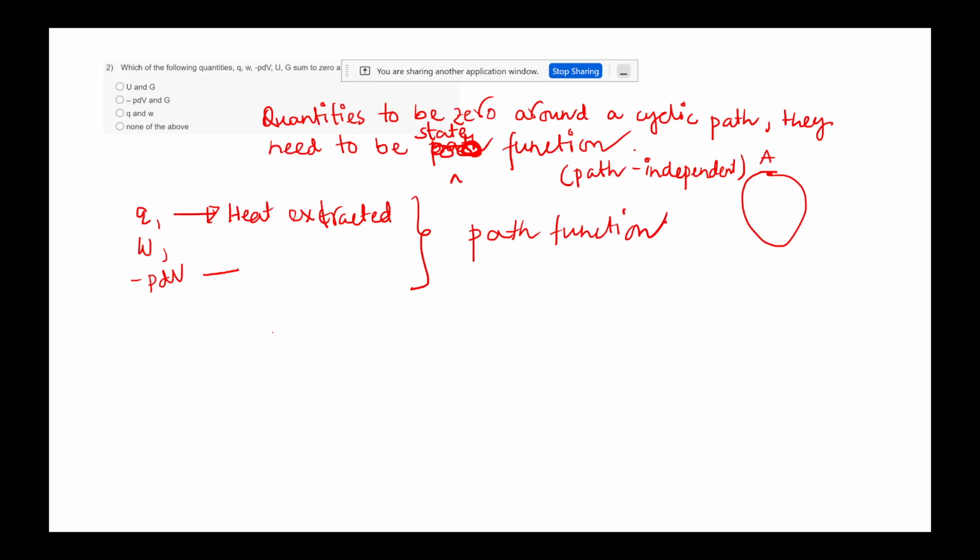And U, G, A and H, these are state functions.